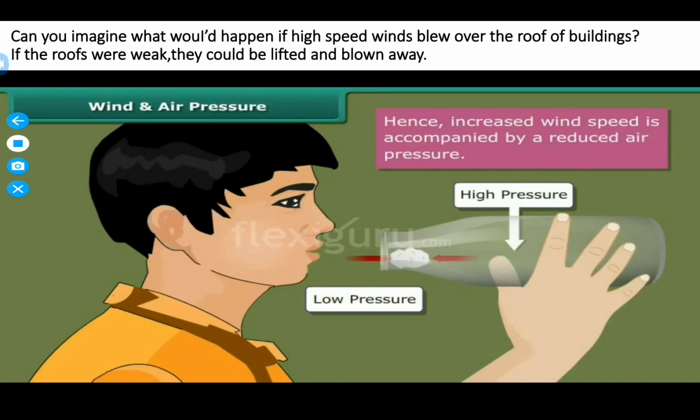So finally this activity concluded increased wind speed is accompanied by reduced air pressure. That's why when we blow air on the crumpled paper ball, it doesn't move inside the bottle, because the low speed air inside the bottle has high pressure and pushes it out. So this is the conclusion of this activity.